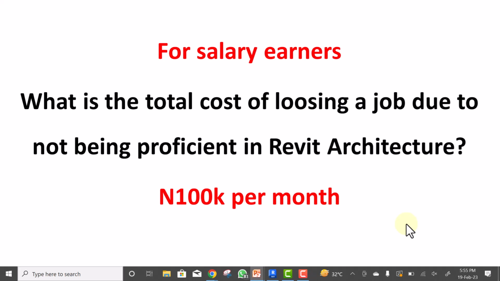Now that 100,000 naira times 12 months, that is 1.2 million naira per year. You lose 1.2 million naira per year because of not being proficient in Revit architecture. This is something that would have been solved with only 20,000 naira. But some people will not think like this. They will say, it's too expensive. 20,000 naira is too expensive. Well, it is your choice anyway.